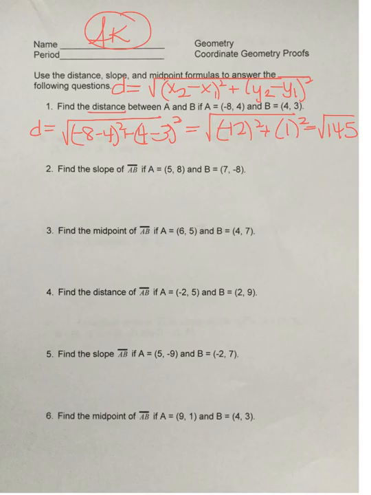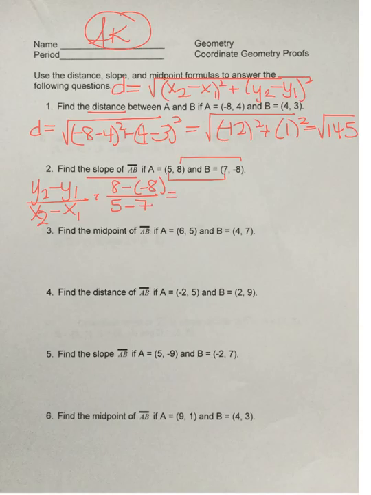So we want to find the slope of the line, and the slope is the rise over run. But when you're given 2 points, we're going to find the change of y and divide that by the change of x. Again, these are formulas you're going to have memorized for the Regents exam. So we need to take the y values first. Let's go with 8 and negative 8. So 8 minus a negative 8 all over my change of x is 5 minus 7.